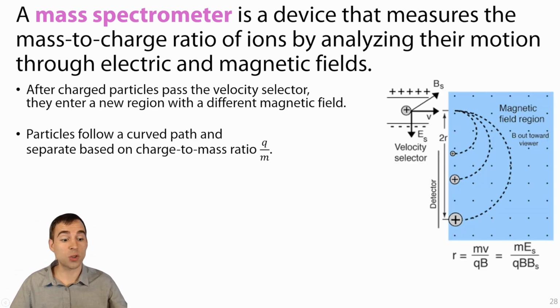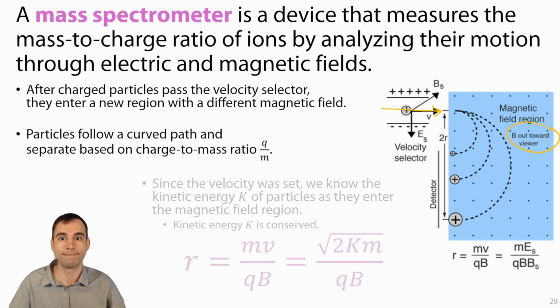Next in the mass spectrometer, after the particles travel through the velocity selector, they will enter a magnetic field region, which analyzes the particles based on their charge to mass ratio. Since the magnetic field is constant in this region, and we already set the velocity to be a constant value for all the particles that pass through the velocity selector, then we can use the radius of curvature of each of these particles to say something about their charge to mass ratio.